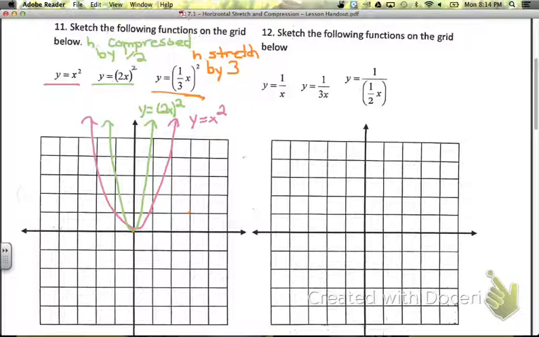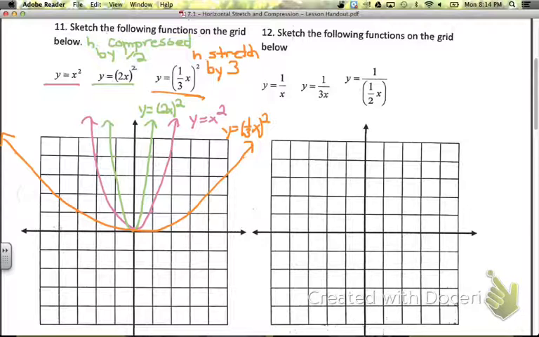Similarly on the opposite side as well. So we have a horizontal stretch factor in this case by 3. So this is y equals a third x all squared.